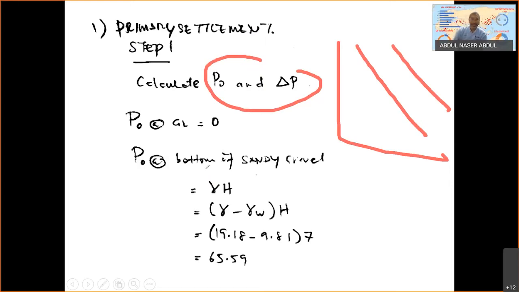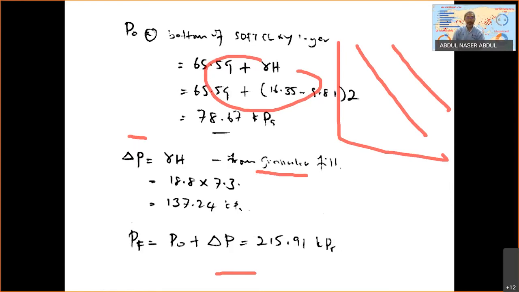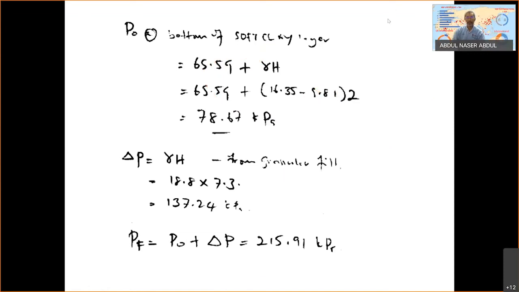In this case, of course, P at ground level is 0. At the bottom of sand is 65. And at the bottom of clay is 78. Basically, these are the charts that you draw. This is in the calculation.